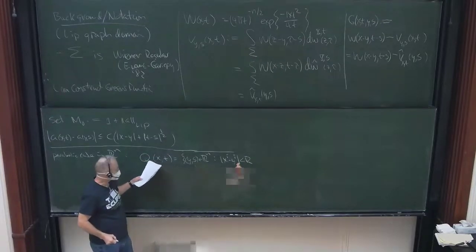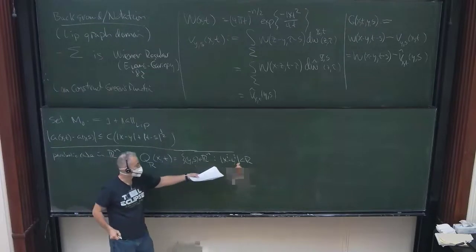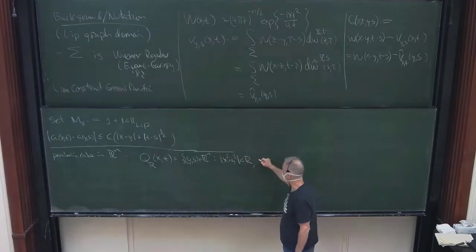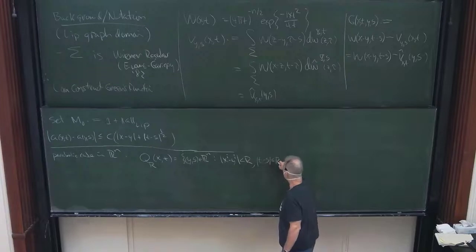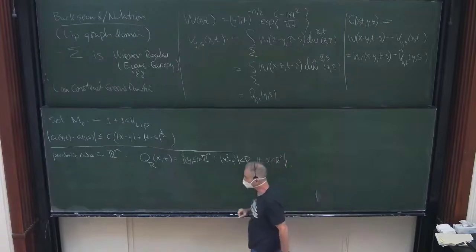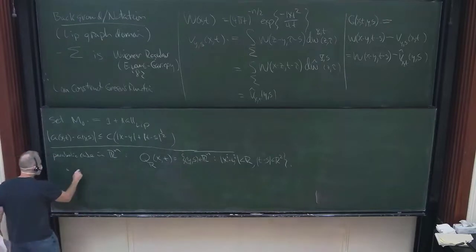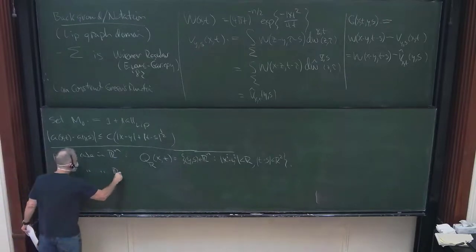X is, in this case, an n minus one dimensional vector. The xi's are the components. All right, so we have |xi minus yi| less than r, and then |t minus s| less than r squared. Okay?